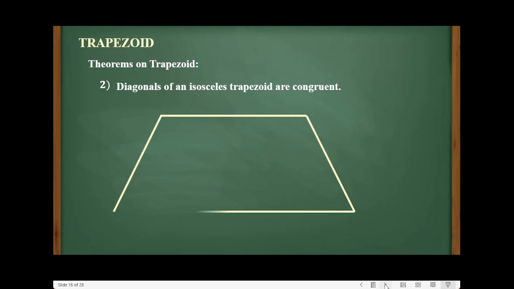Next, for our second property of trapezoid, diagonals of an isosceles trapezoid are congruent. So again, we have an isosceles trapezoid whose legs, or non-parallel sides, are congruent as indicated by identical double slash marks on those legs.